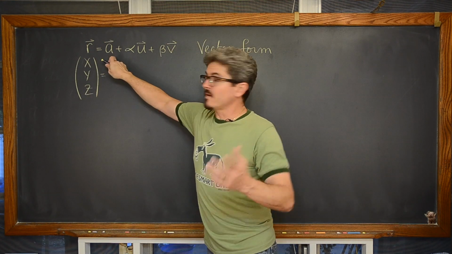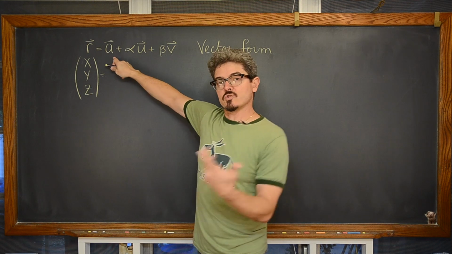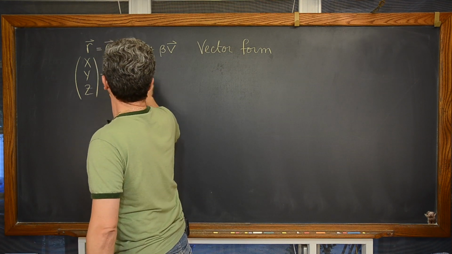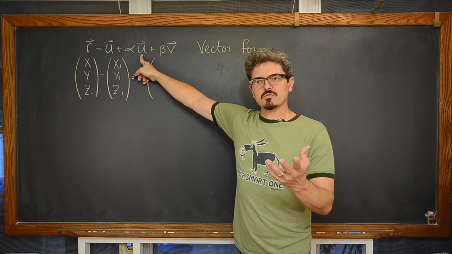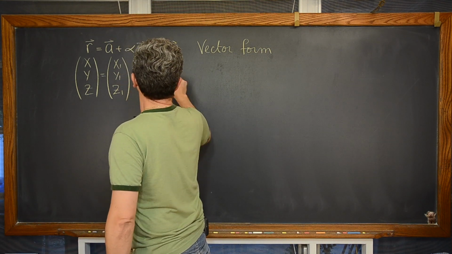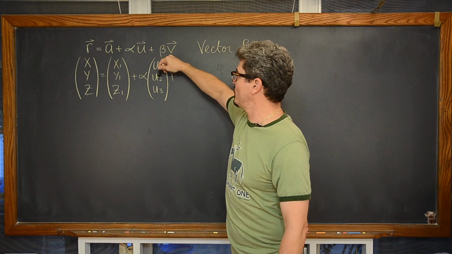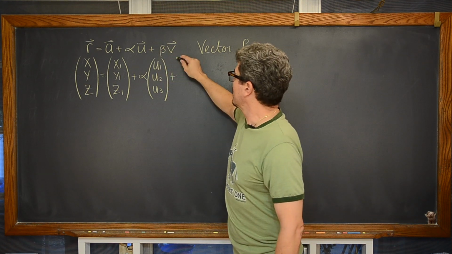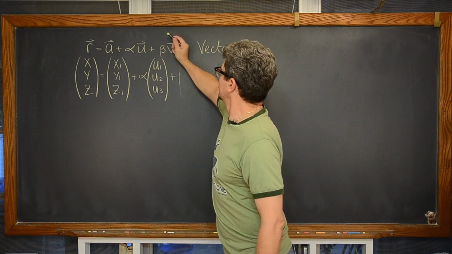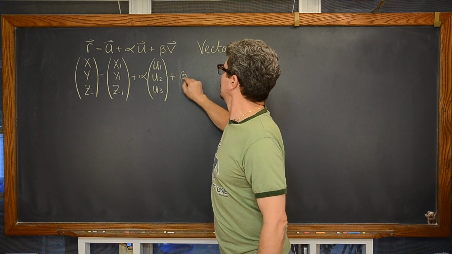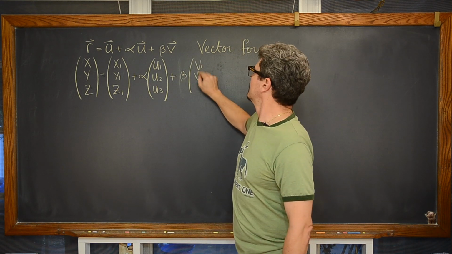That vector A is our position vector for our initial point. Our directional vector u, and then plus, so that's alpha times the vector u sub 1, u sub 2, u sub 3, our vector written in column format, and then beta times vector v.